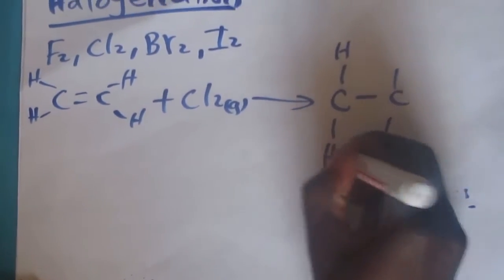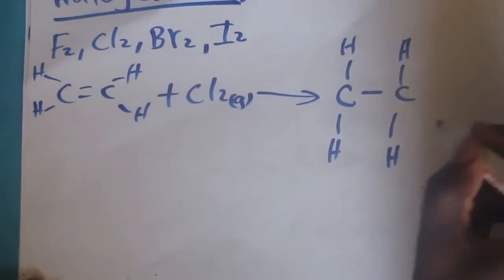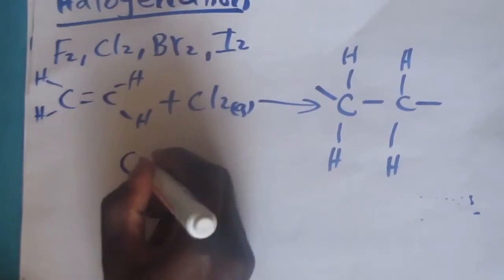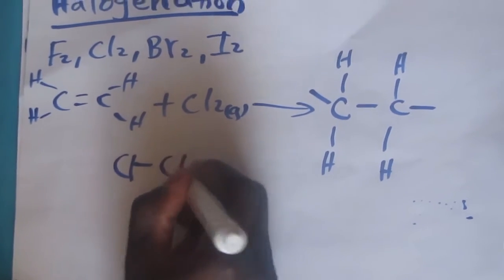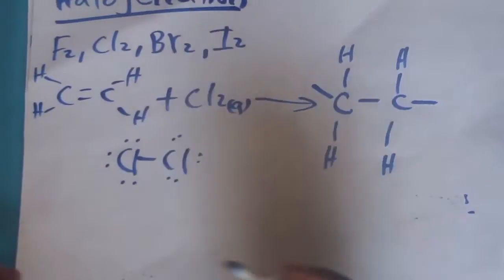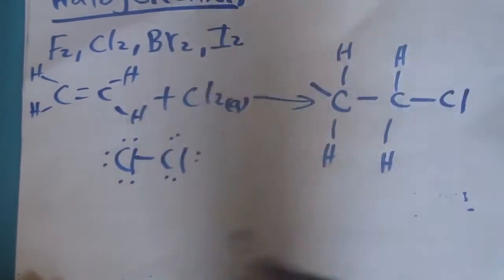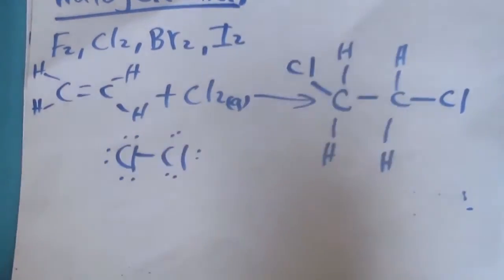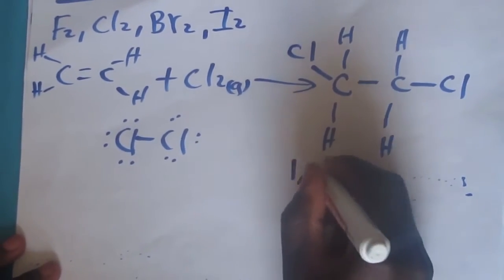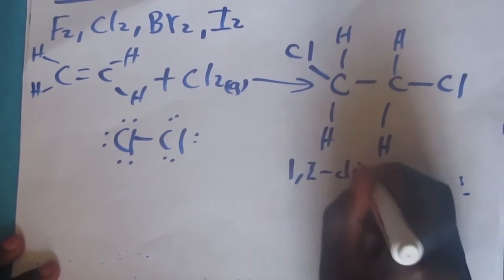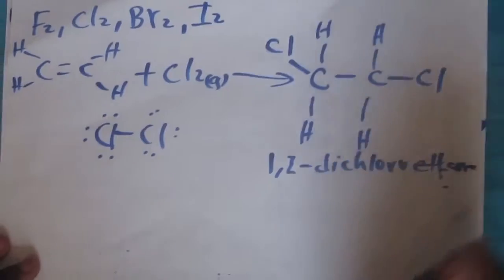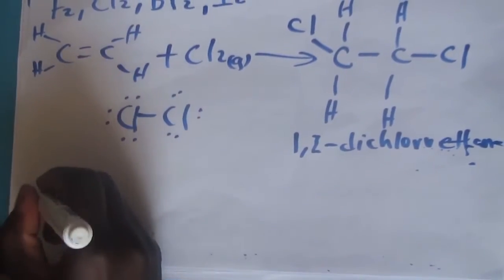Now we replace the hydrogens. Chlorine looks like this. One chlorine will attach itself to carbon number 1 and then another one to carbon number 2. So we will end up having a compound we call 1,2-dichloroethane.